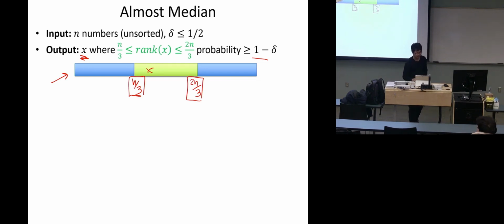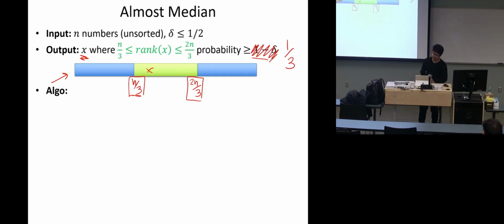Any random idea you want to suggest? How to solve this in constant time? Suppose that I just want to get this with probability at least 1/3. What should we do?